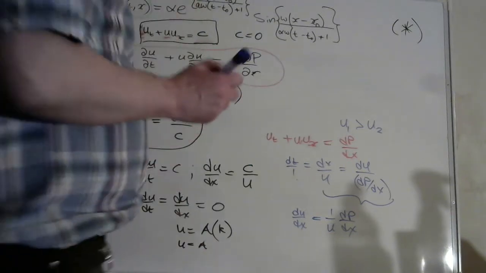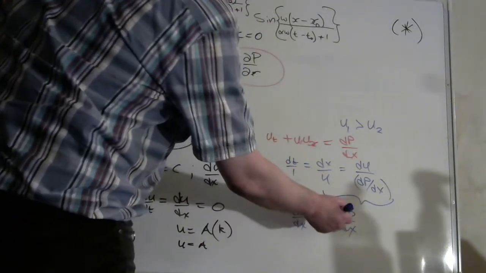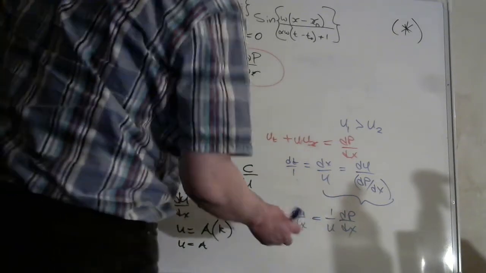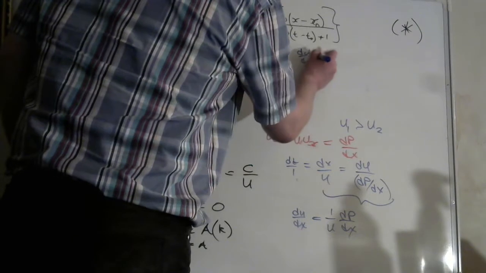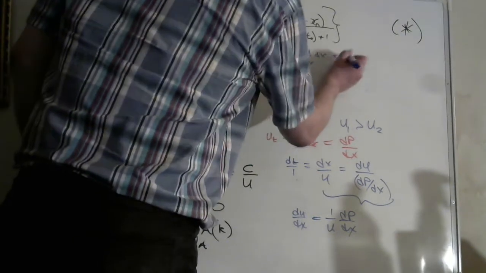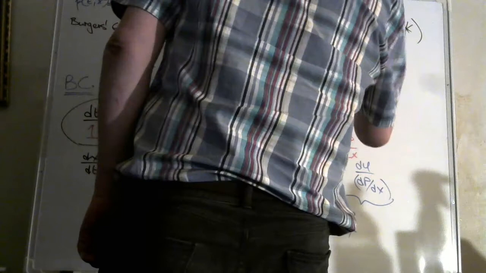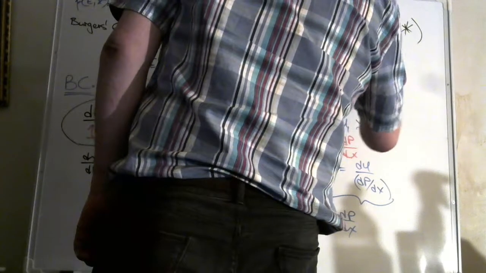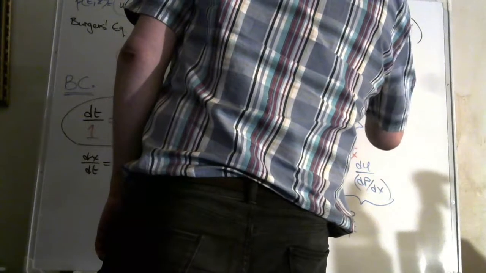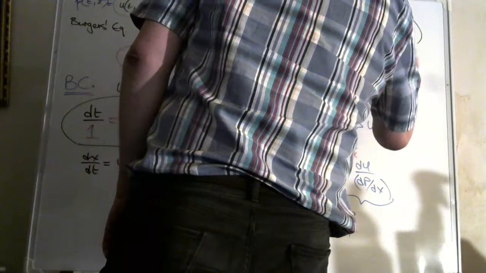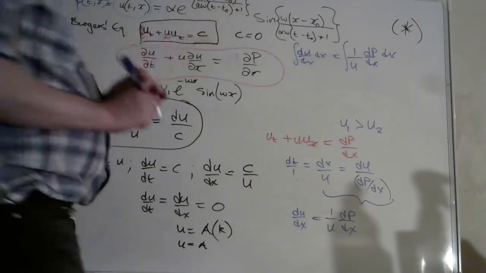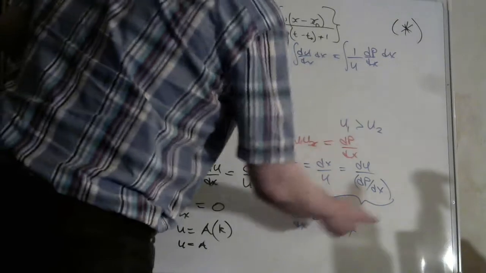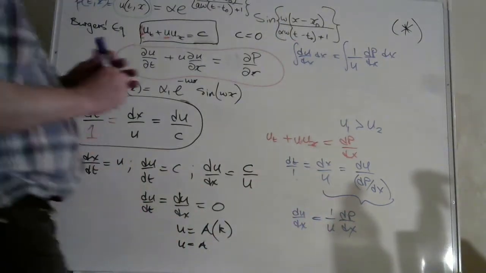We've now got du by dx is equal to 1 over u dp by dx. Integrating du by dx with respect to x, that's equal to 1 over u, the integral of 1 over u dp by dx dx, right? But this u we know is a constant a.